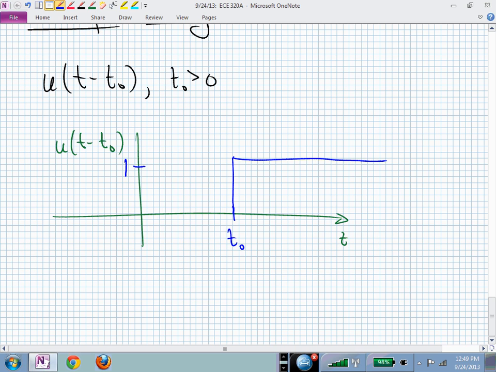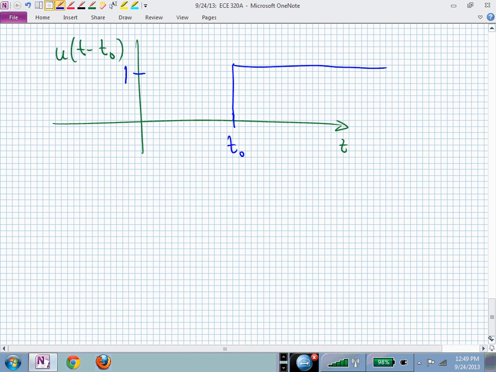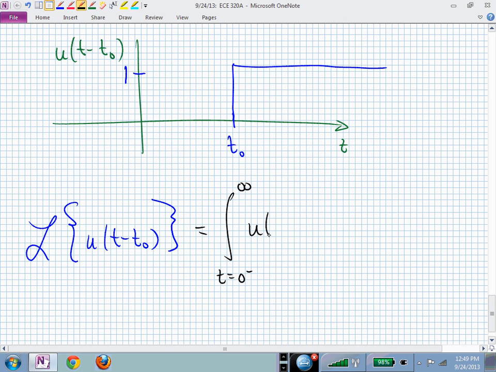Now let's see what actually happens with this Laplace transformed delayed unit step. Plugging that into our definition, we're integrating from 0 minus to infinity. Our function gets scaled or weighted by this complex exponential, e to the minus st dt.